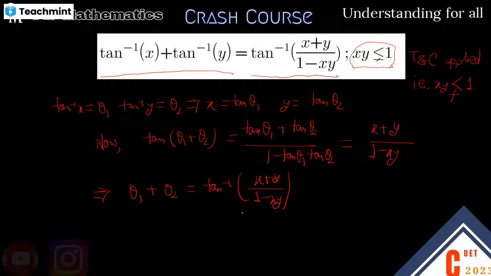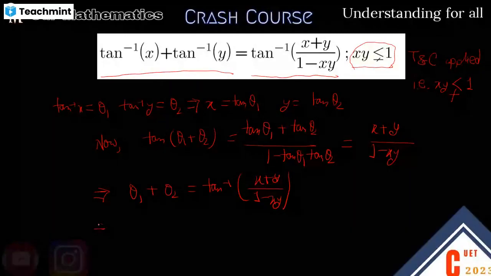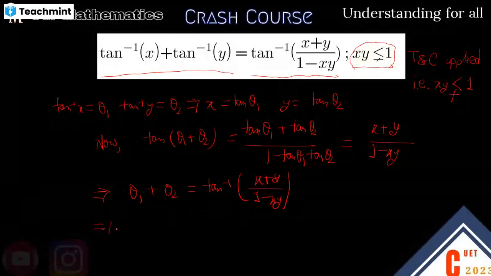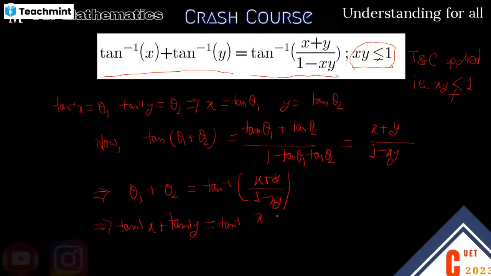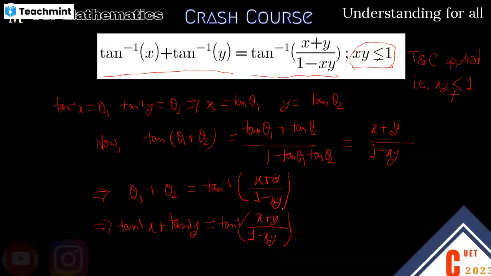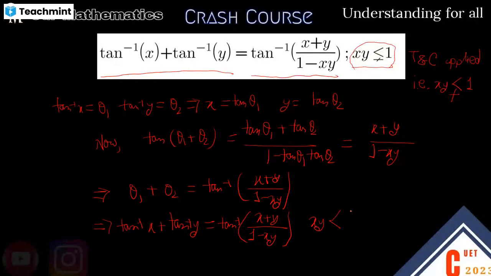Now, where does the condition apply here? Tan inverse x plus tan inverse y is equal to tan inverse of x plus y divided by 1 minus xy. Here the condition comes that xy should be strictly less than 1.